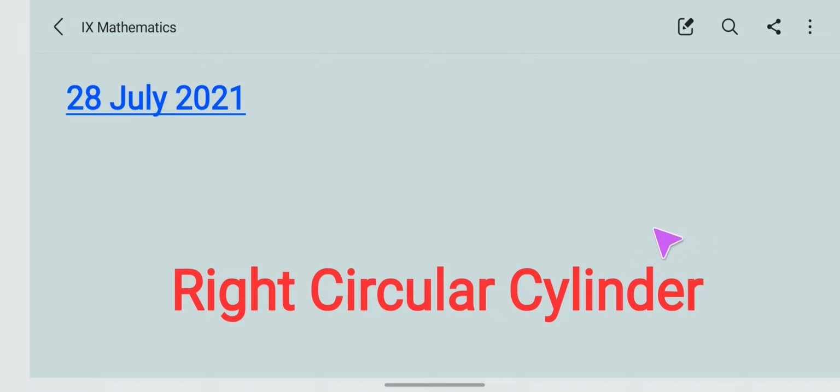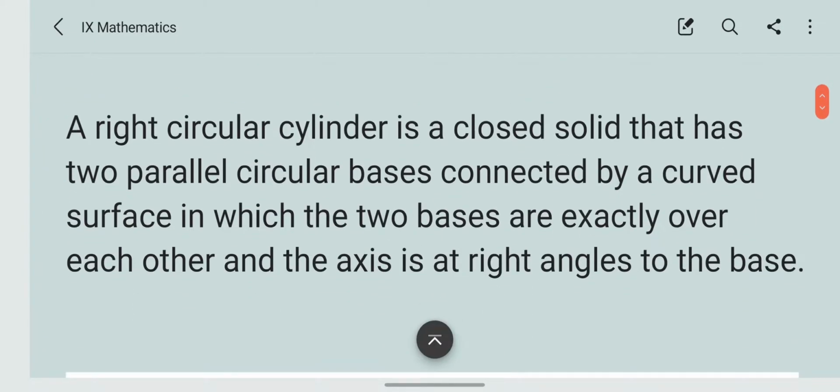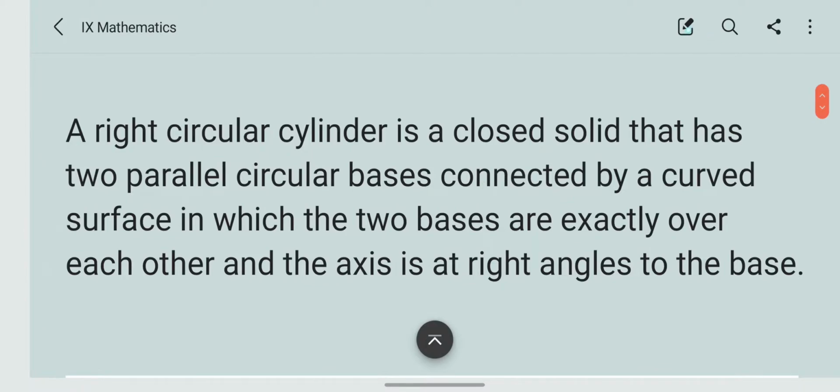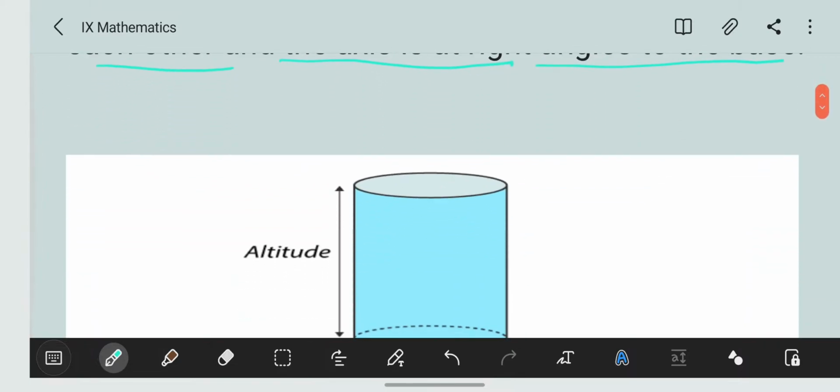First of all, we'll talk about this solid figure, the solid cylinder. A right circular cylinder is a closed solid that has two parallel circular bases connected by a curved surface, in which the two bases are exactly over each other and the axis is at right angles to the base.